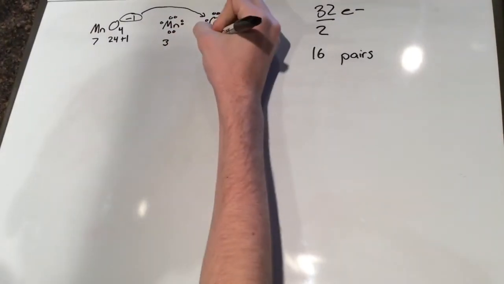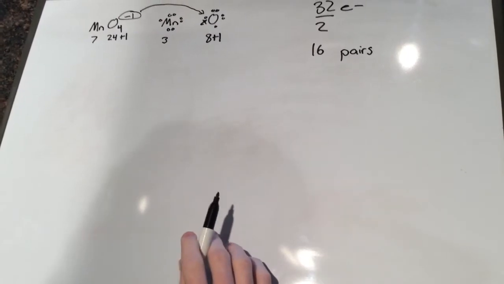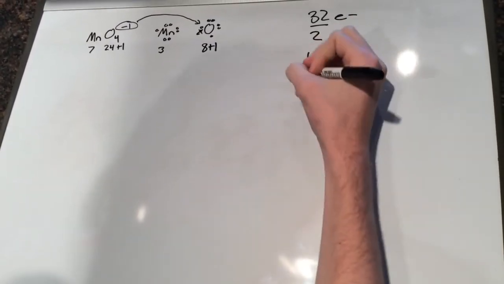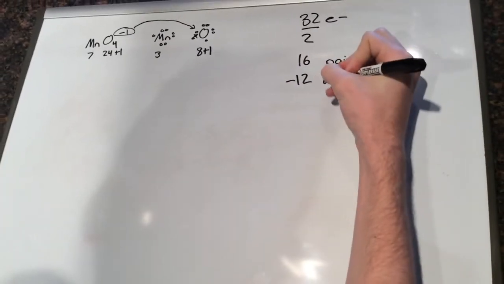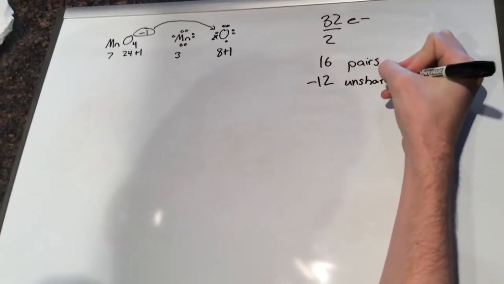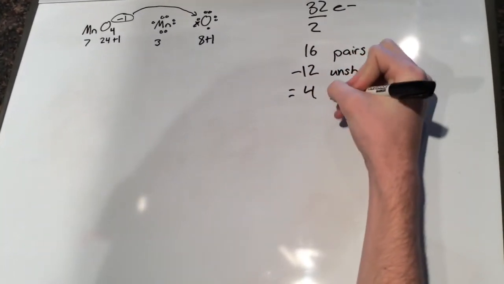So that gives it one more unshared pair in one of the oxygen atoms. So our total number of unshared pairs will actually be 12 instead of 11. And our total number of bonds will be 4.